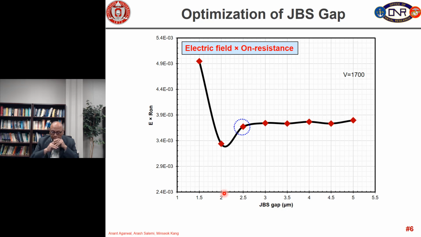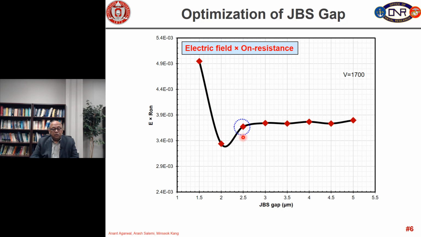So, we could choose 2 micron as the optimum JBS gap, which will minimize the product of the electric field and on-resistance. But we want to be a little cautious, because if we choose 2 micron and if our manufacturing bias gives us 1.75 micron or even 1.5 micron, then we have a very high product here.